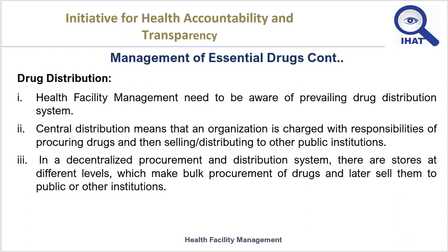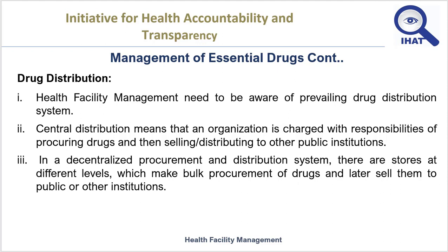As part of management of essential drugs, we often have to deal with drug distribution. Health facility management need to be aware of the prevailing drug distribution system. And we all know there is central distribution, which means that an organization is charged with the responsibility of procuring drugs and then selling or distributing to public facilities.